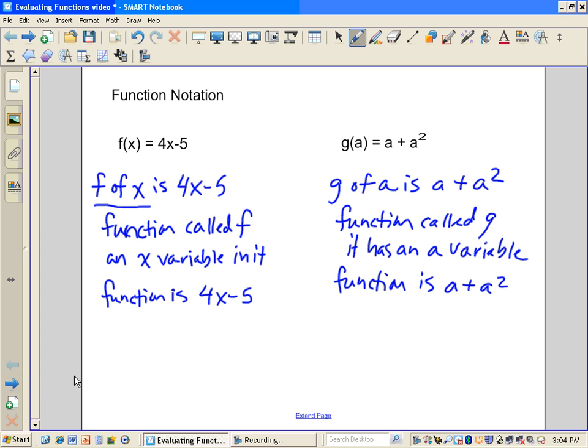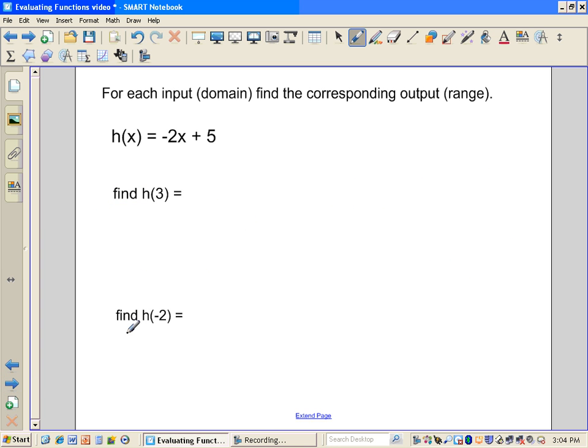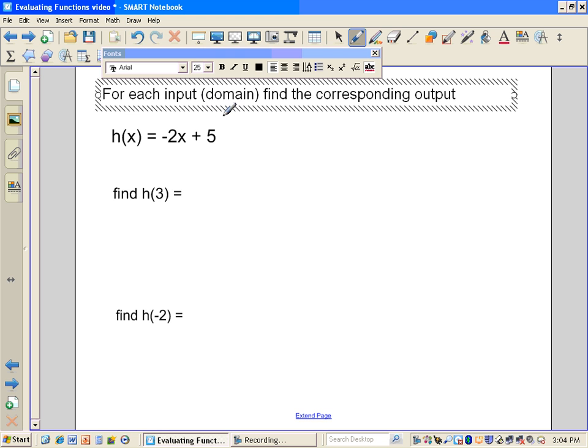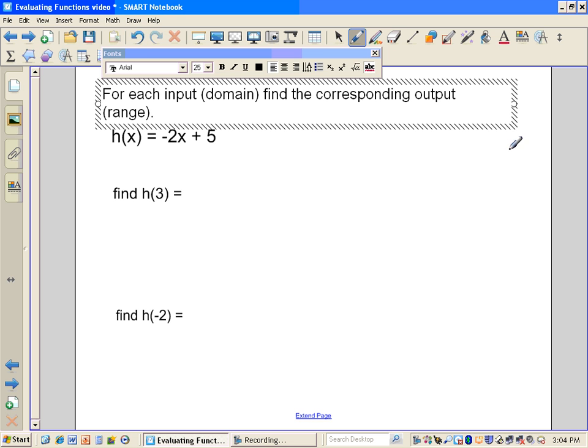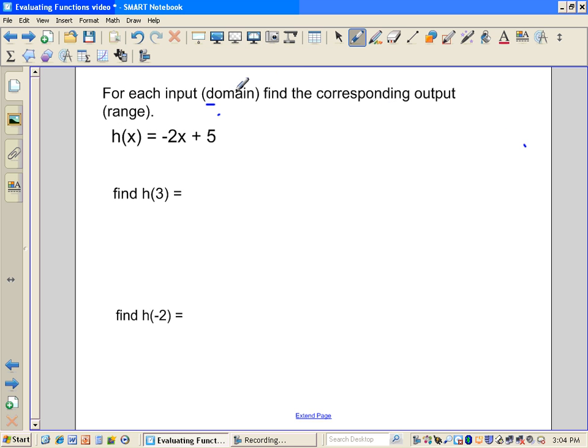To evaluate a function, we're going to be looking at inputs and outputs. So it says for each input, remember that's the domain we talked about, find the corresponding output or range. So the input's going to be what we're putting in.